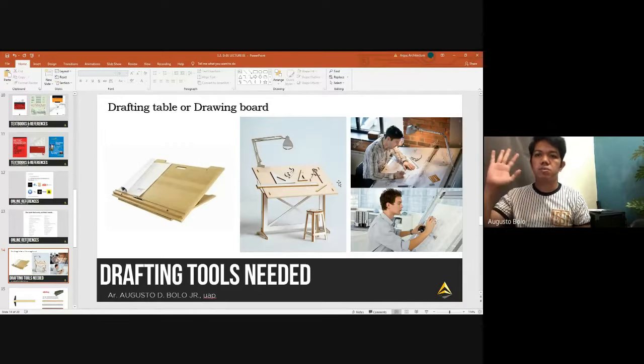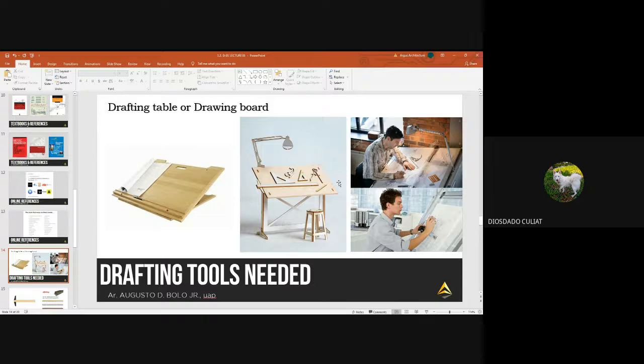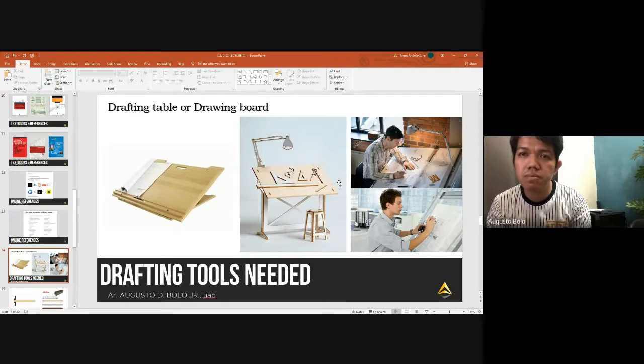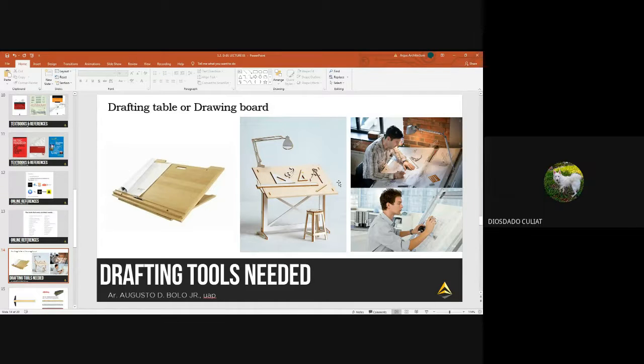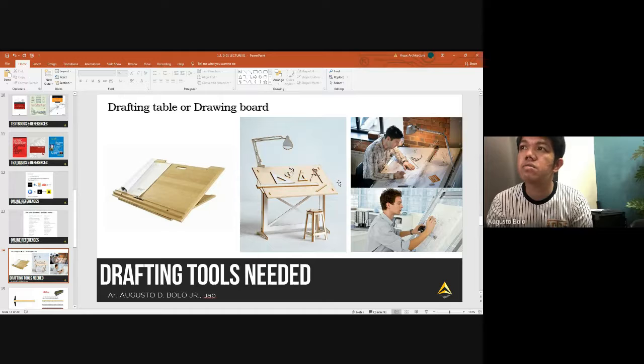Okay, questions? Wala pa? Gumawa po ng isa. Plywood board lang nga sa akin, sir eh. Ano po? Plywood lang, sir. Plywood lang po. Yeah, you can have your own. Kung plywood lang, wala namang problema.